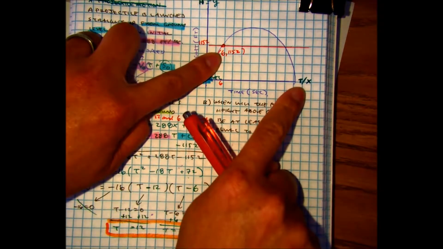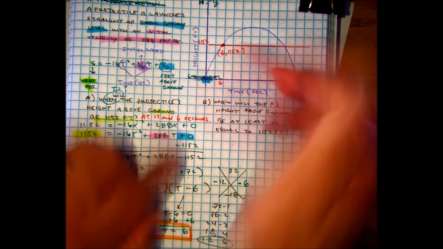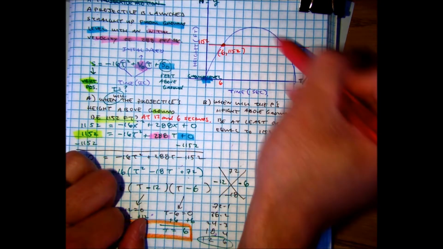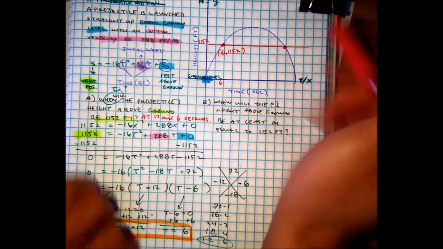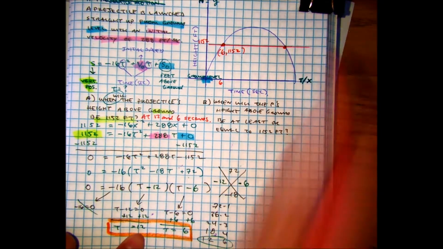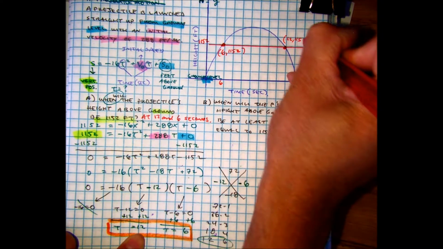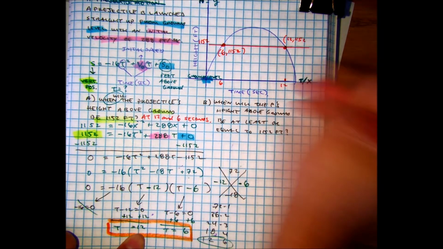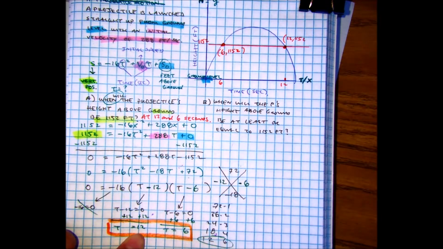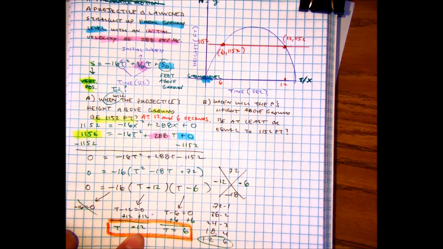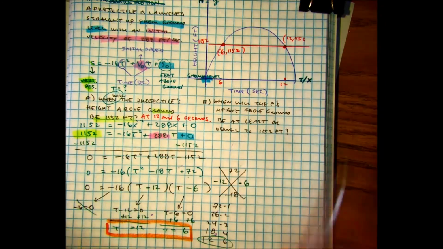So this is time, and that's the height. Then the teddy bear is flying, and eventually comes back at 1,152 at time 12. So 12, comma 1,152. Now, some other properties of quadratics.